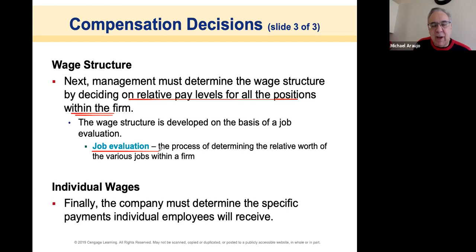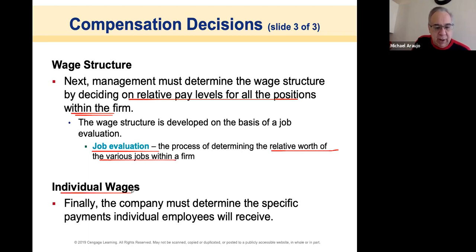If the management plans, organizes and executes well, they're going to make a lot of money. Of course, managers by themselves don't get everything done. You need a workforce, you need employees. So the process is, what is the value of that particular job within the whole structure of what we're getting done? Some positions are going to be a little lower in value than others, and so you're going to have different wage structures.